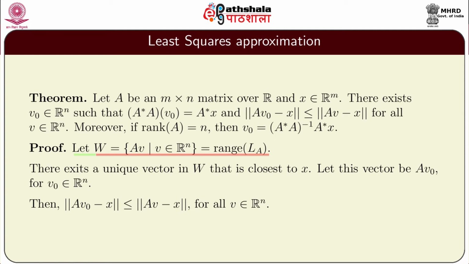Let W be the set of all AV with V in Rn, which is nothing but the range of that operator LA, which is the left multiplication operator. Now, we know that there exists a unique vector in W that is closest to X. Let us call this vector AV0 for V0 in Rn, and then the norm of AV0 minus X is less than or equal to the norm of AV minus X for all V in Rn.